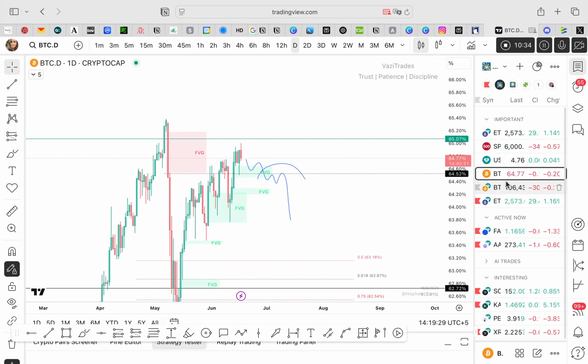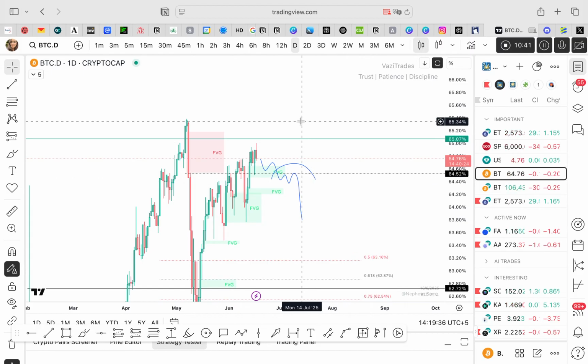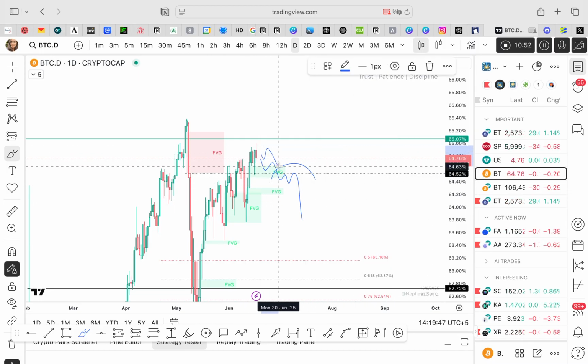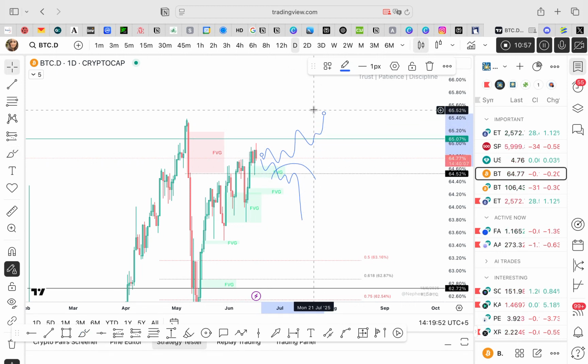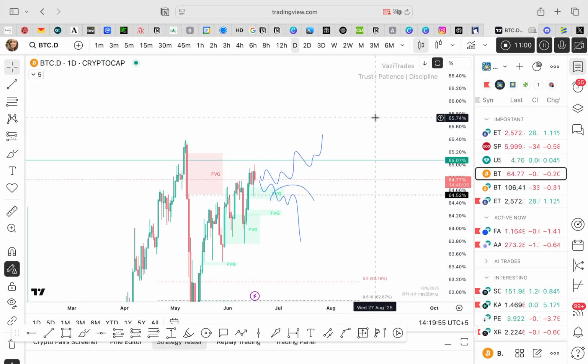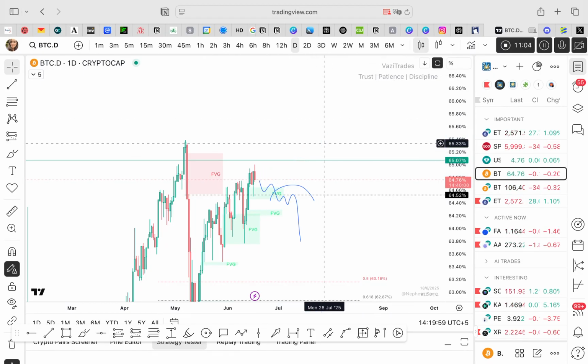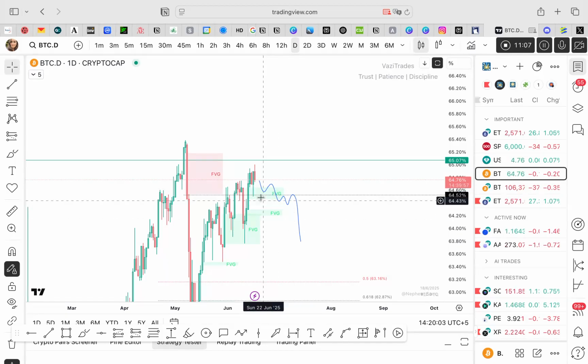In this case, I would also want to see stronger Bitcoin and stronger Ethereum. It will just give us a good period for altcoins. Otherwise, as long as Bitcoin dominance is holding above 64.52, it can just consolidate and give another breakout above the 65 level.